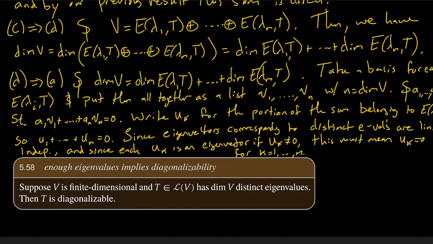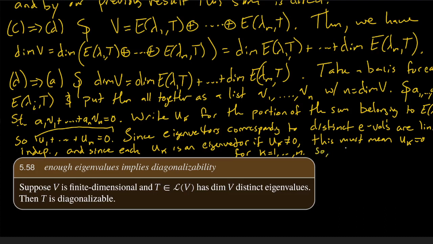Since any non-zero terms in this sum right here must be eigenvectors, and then we would have a sum of eigenvectors corresponding to distinct eigenvalues, and there's no way you can get out 0 from that, since they are linearly independent. Oh man, this means they all have to be 0.